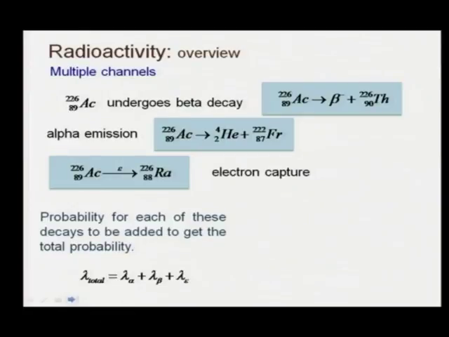Again, remember that we are talking about probabilities for these decays. So, when we focus on a particular actinium nucleus, it will decay either through beta emission or alpha emission or electron capture, or it may not decay for a long time also.